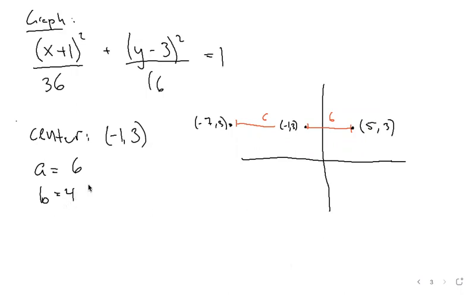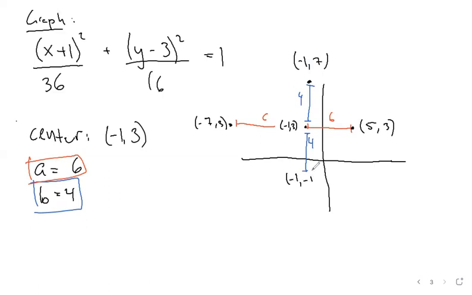And then my B here is 4. So I'll make this height 4. If that's 4, then this is -1 comma 7, and this is -1 comma -1.